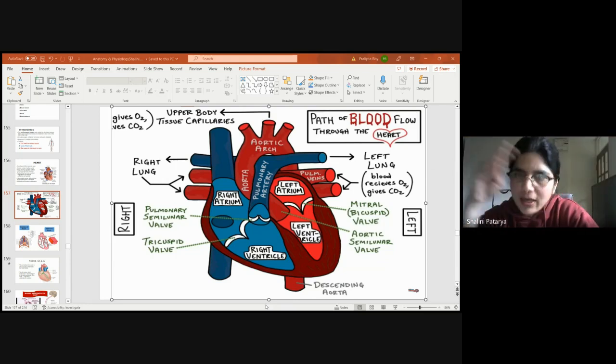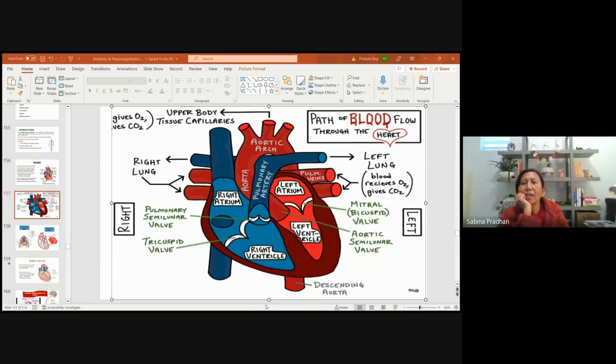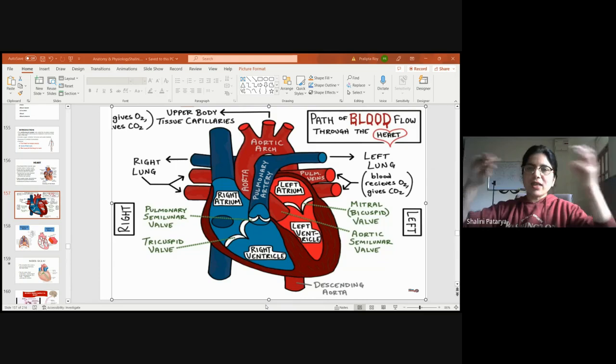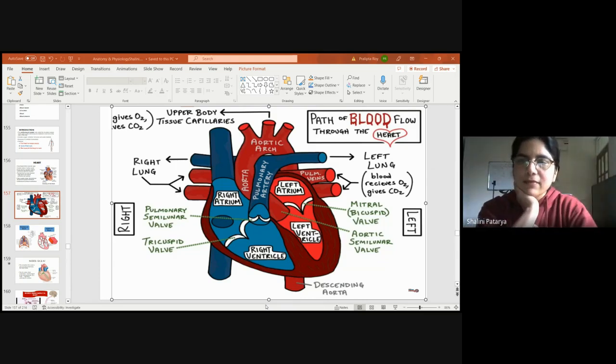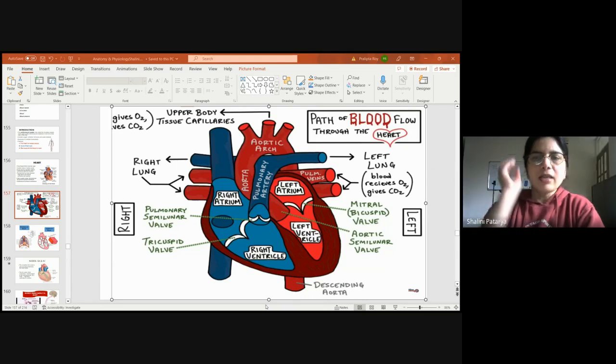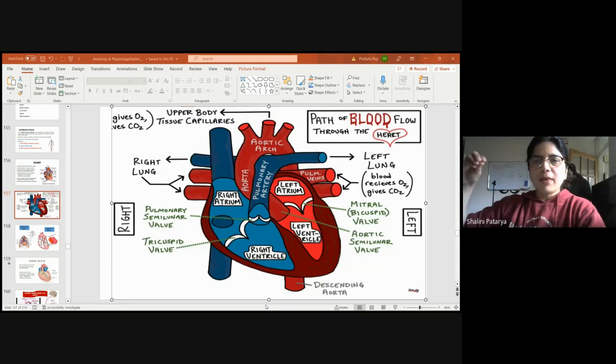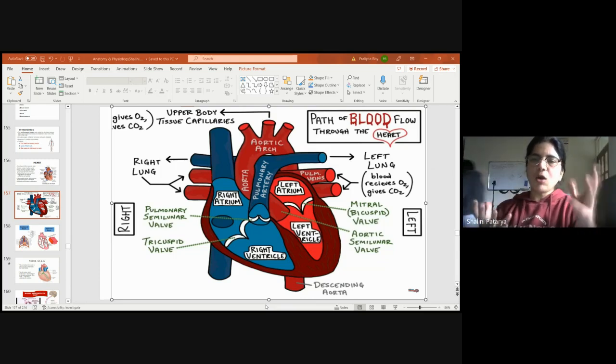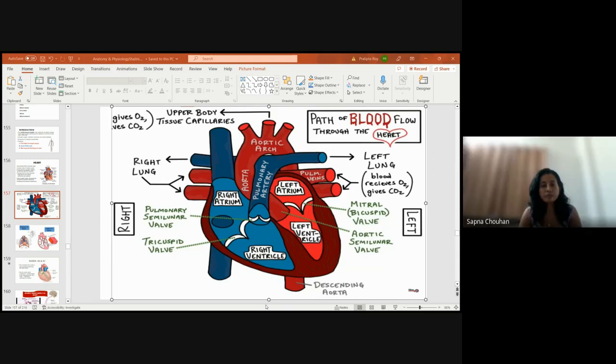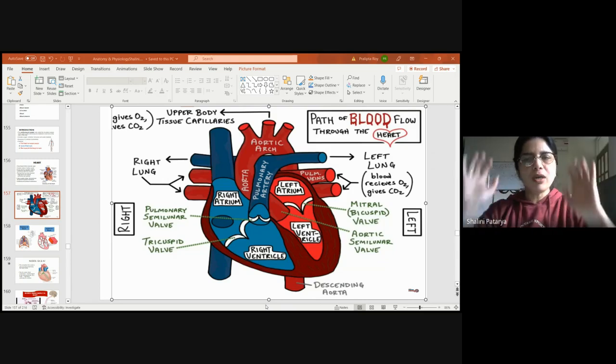From the aorta, the artery will divide into smaller arterioles and move towards the body. Some part of the aorta has coronary blood vessels that wrap around the heart and provide nutrition to the heart also.